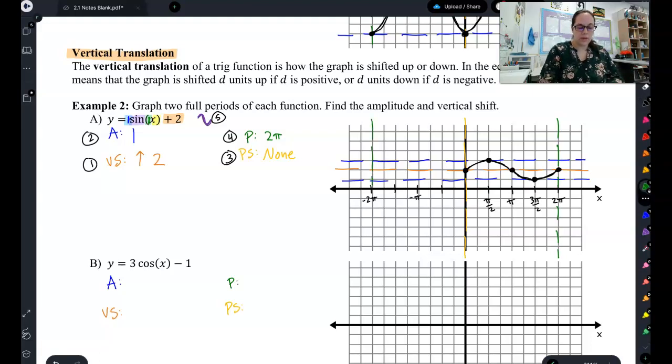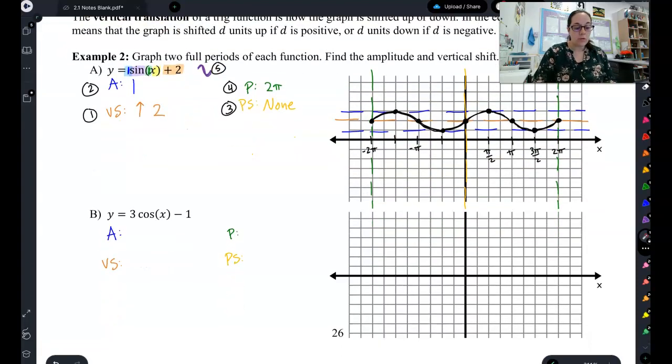Do another 2 pi long boundary line and copy and paste the sine shape. And there we go. There's 2 full periods that fit in all my boundary lines of the sine wave shape.